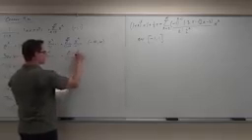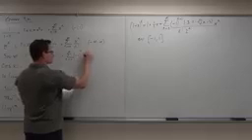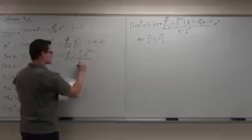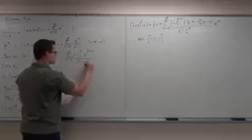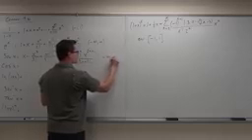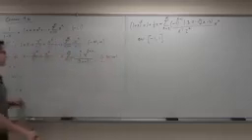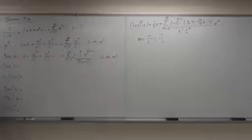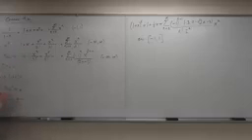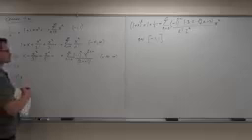It was alternating, obviously. x to the odd, 2n plus 1, over 2n plus 1 factorial. And it converged for all real numbers, x. Does that one look familiar to you? Yeah. We did it yesterday. We did? Oh, perfect. So it looks familiar.